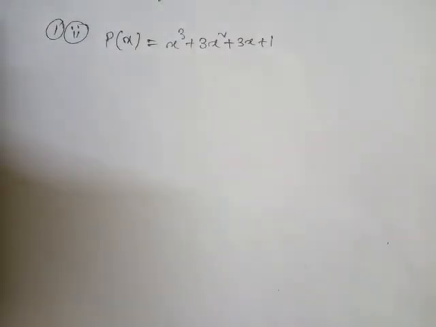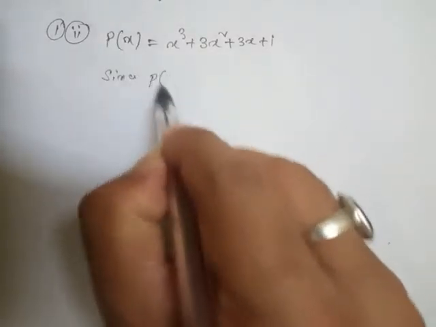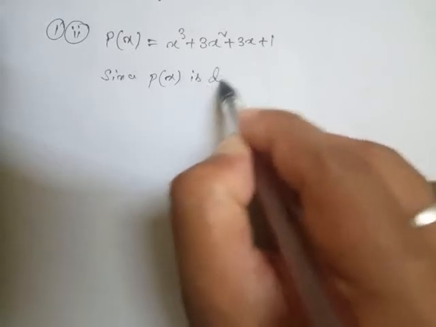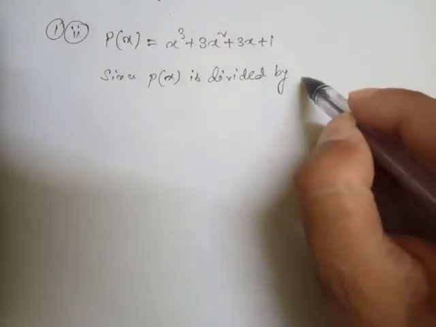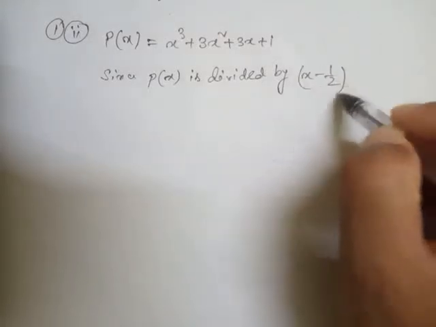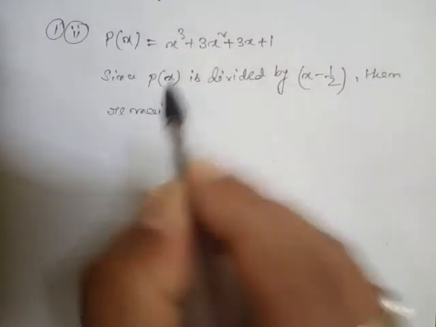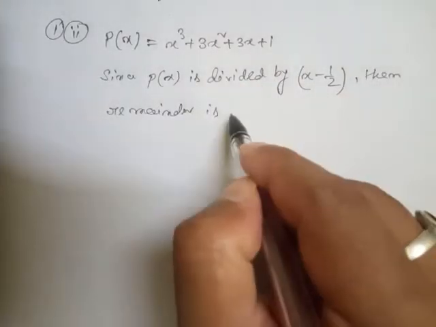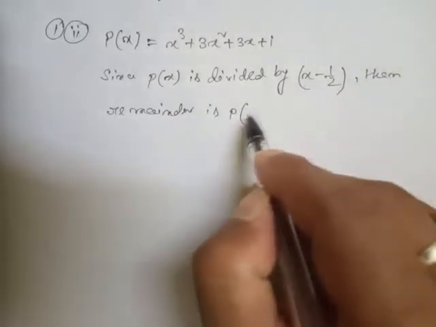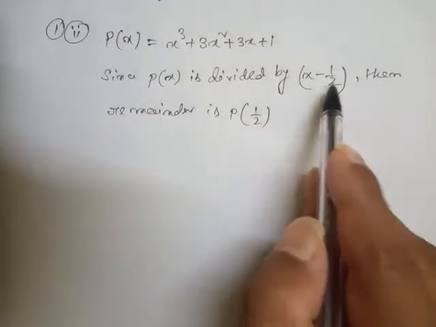This is the P(x) value, and after that if we go for the remainder theorem, now look, since P(x) is divided by the next value, x minus half, then the remainder is, there is x minus a, so the answer would be P(a). So here is x minus a, so the answer would be this one. If there is minus, there is plus.